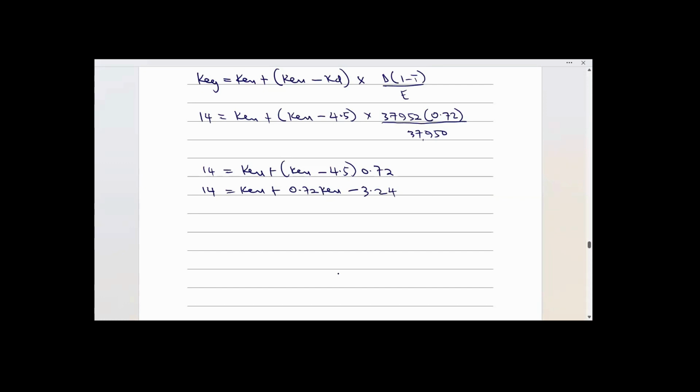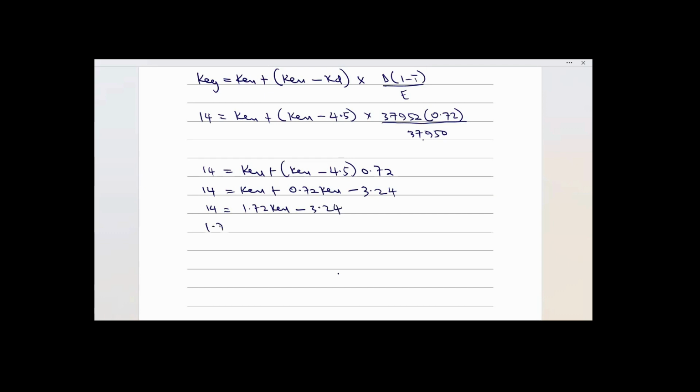So at this point, I need to collect like terms. So 14 equals KEU, which is 1, plus 0.72 KEU. That will give us 1.72 KEU minus 3.24.